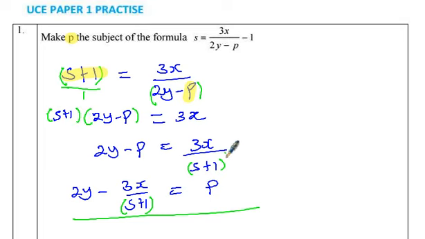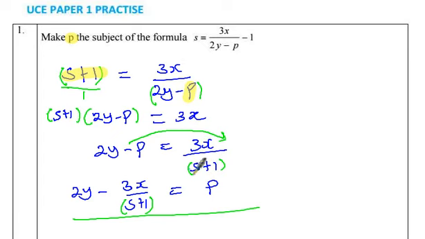Now when I look at my P, I notice that it has a minus sign in front of it. In simple terms, it is a negative term. But I'm interested in a positive term P. So what do I do next? Instead of moving this term to this side, I take the P to this side, so that it becomes a positive P in this final step.